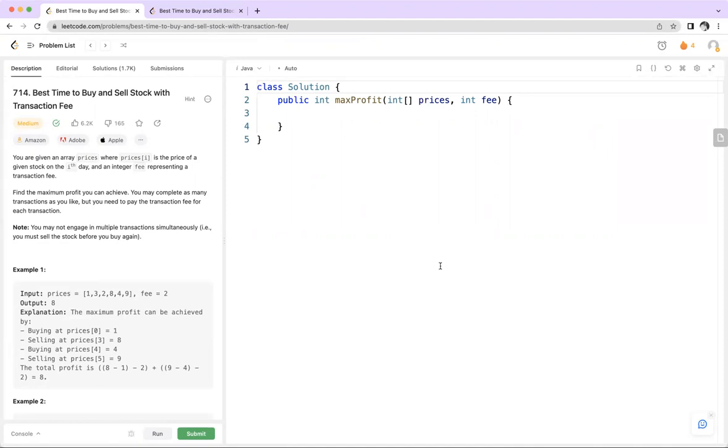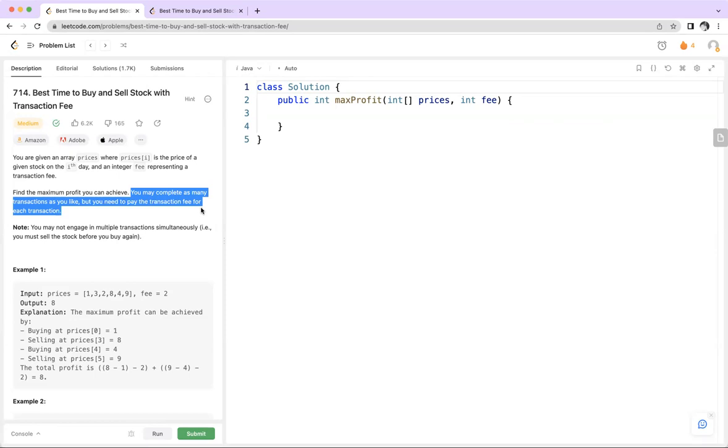So what is the maximum profit that we can achieve? And this problem clearly mentions that we can complete as many transactions as we like. In the earlier problem, we were allowed only one transaction, but this problem tells us that after selling, we can again buy at a future date.